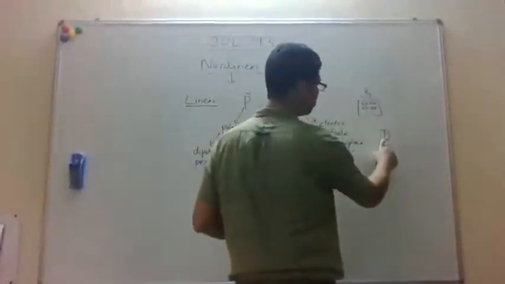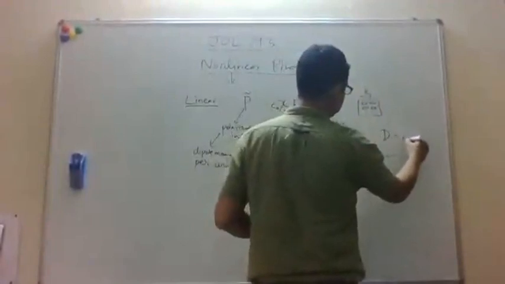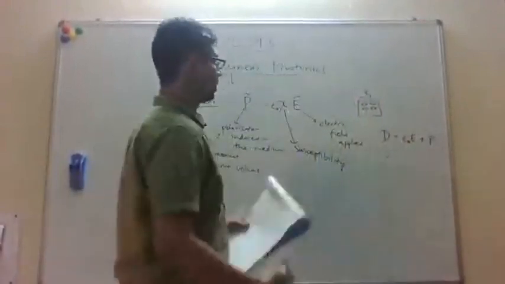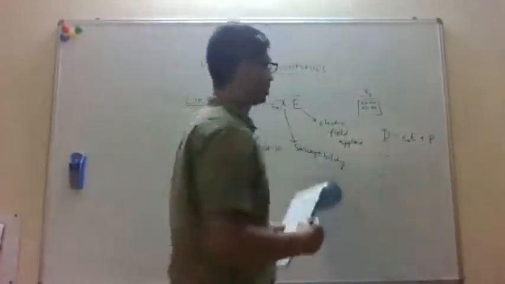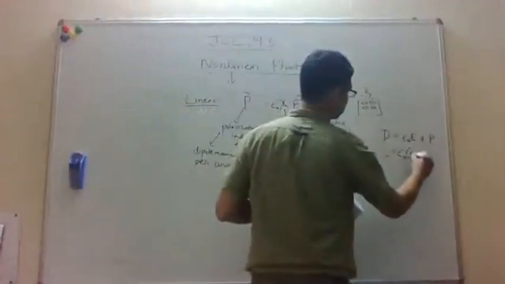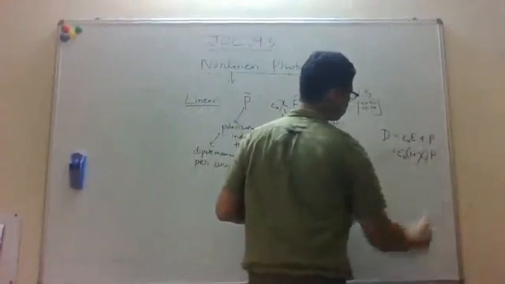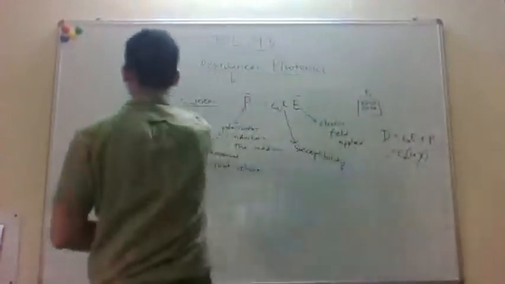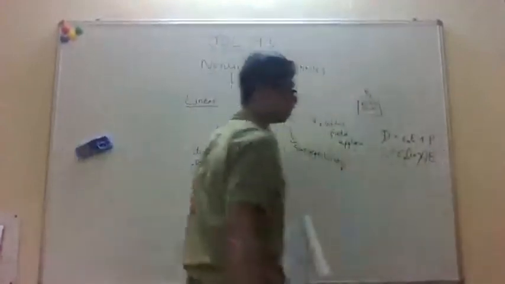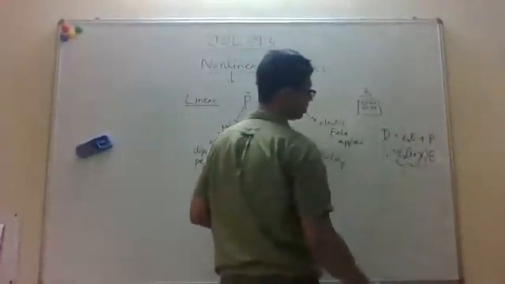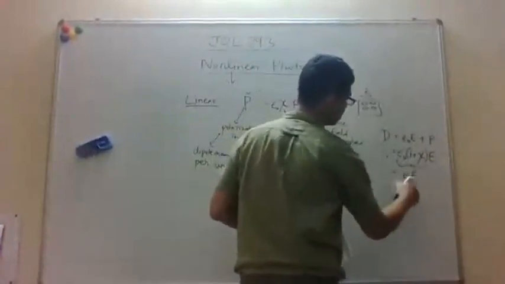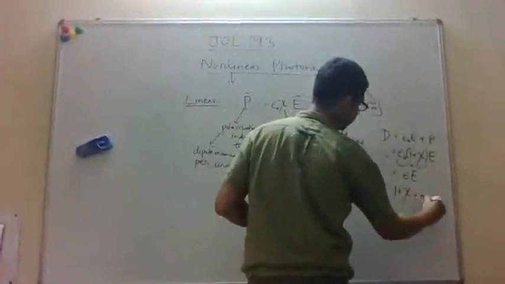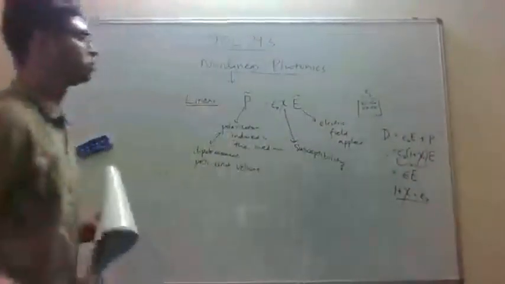If I write the electric displacement D, that is epsilon naught E plus the polarization. If I plug the polarization in there, then I can write D as epsilon naught (1 plus chi) times E, and this constant I define as the material's permittivity. So 1 plus chi is the relative permittivity of the medium.